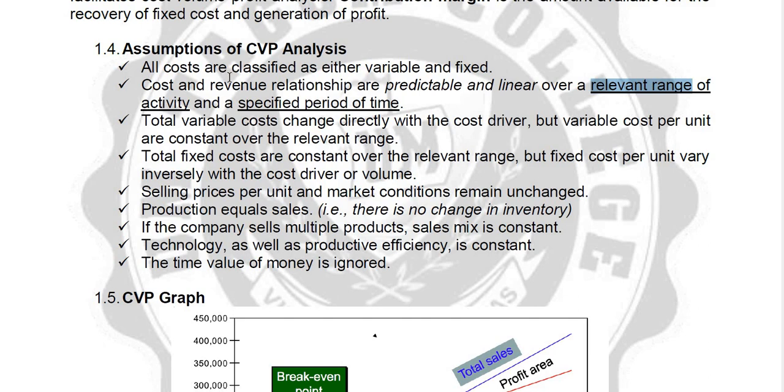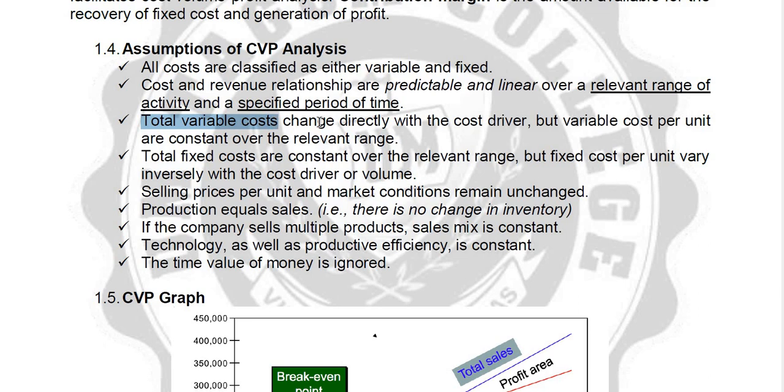For example, your fixed cost is fixed in total at a certain activity range. So, once you exceed, for example, the maximum, it means it will no longer be fixed in terms of total, because you will need an additional machine. So, that is additional expense.